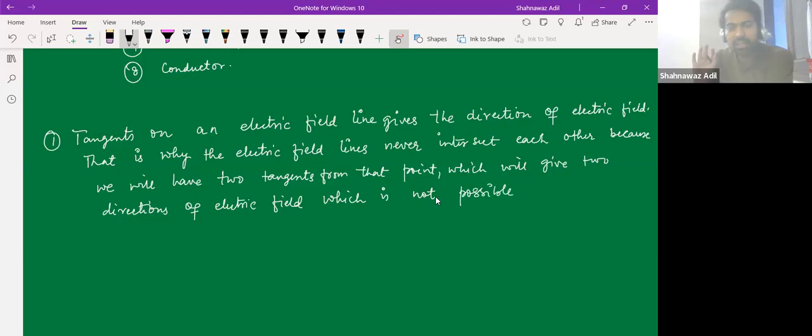So all these things from the pictorial diagram we can directly understand, right?